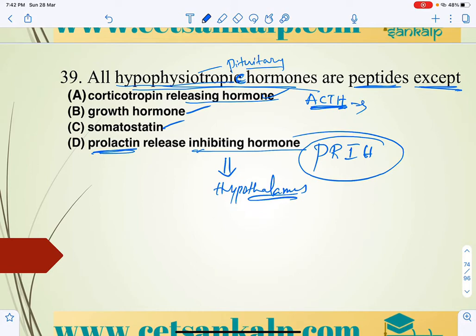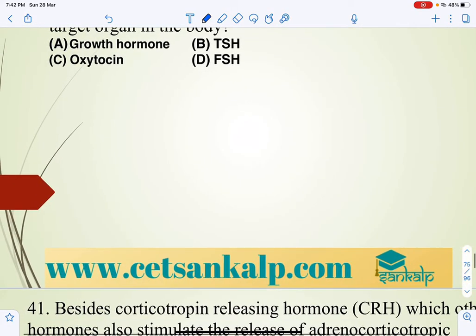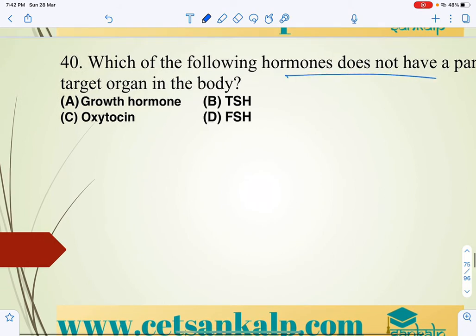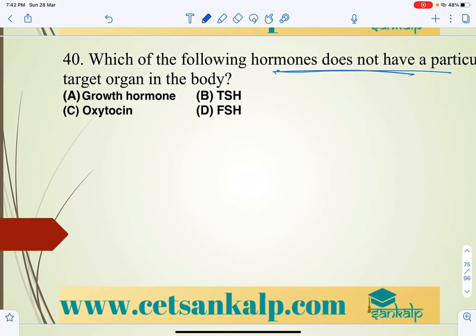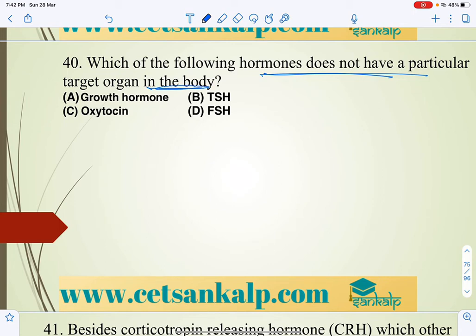So next, which of the following hormones does not have a particular target organ in the body? We know that thyroid stimulating hormone, produced by the pituitary, acts on the thyroid for the release of T3 and T4 along with thyrocalcitonin.